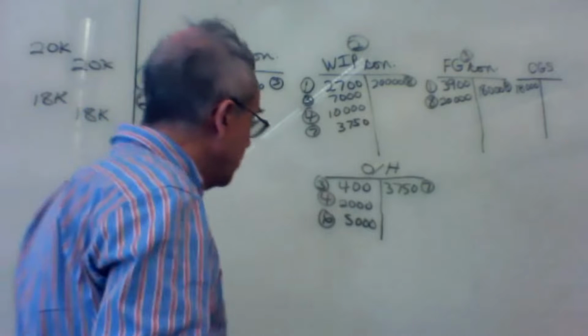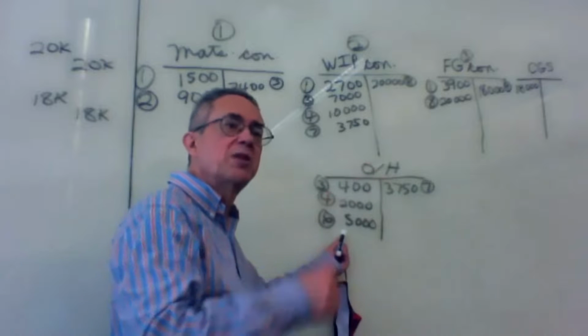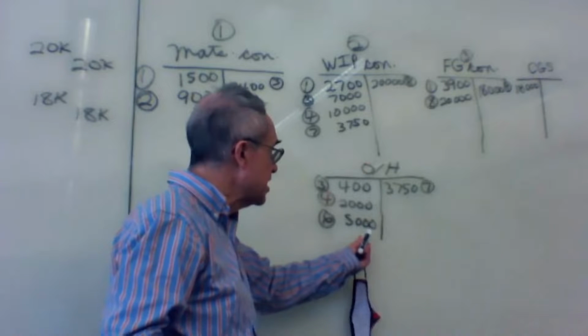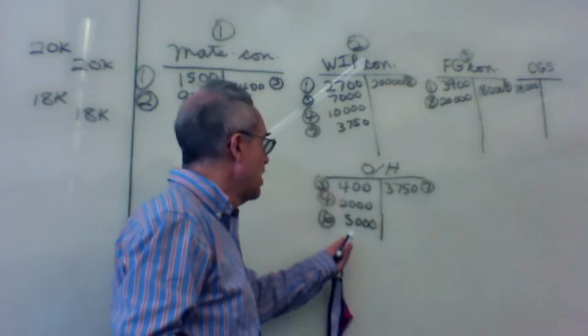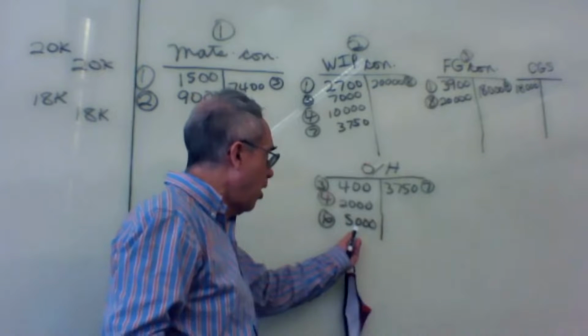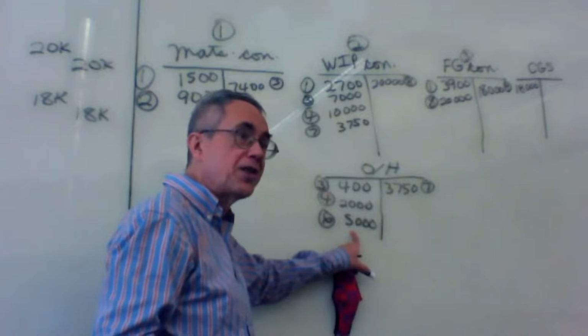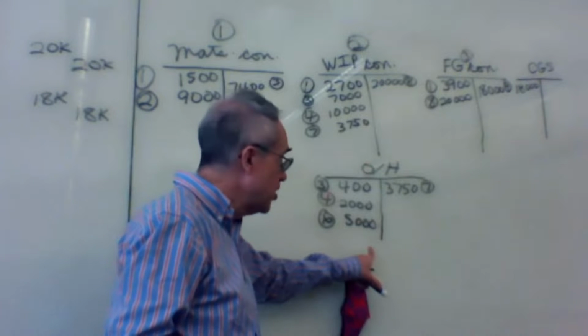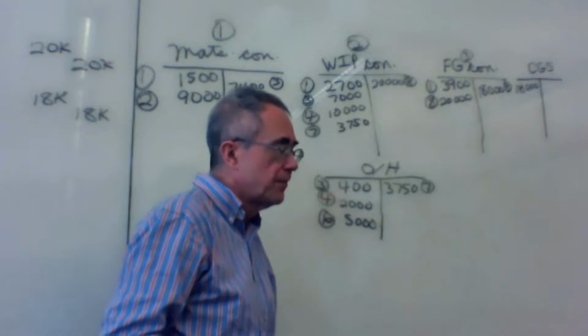Well, next thing we have to clear up is this question about overhead. Let's assume it's year end. Yes, indeed. The balances of these two sides should be equal. Debits should equal credits. So the amount of overhead that we've incurred here on the debit side should equal the amount of overhead we've allocated here on the right side.